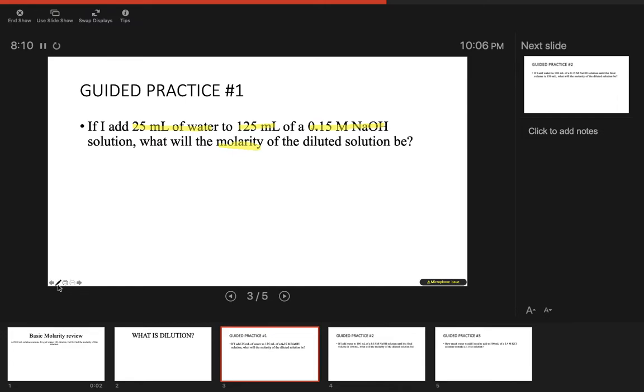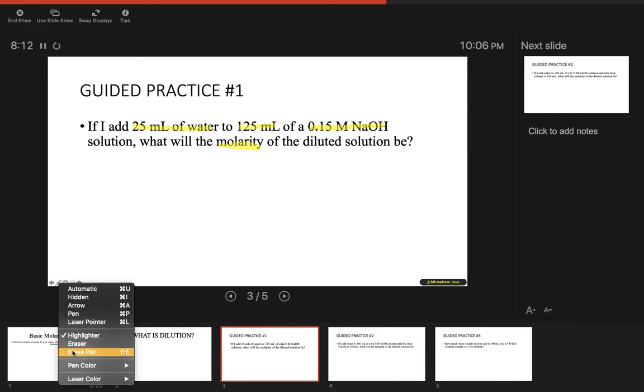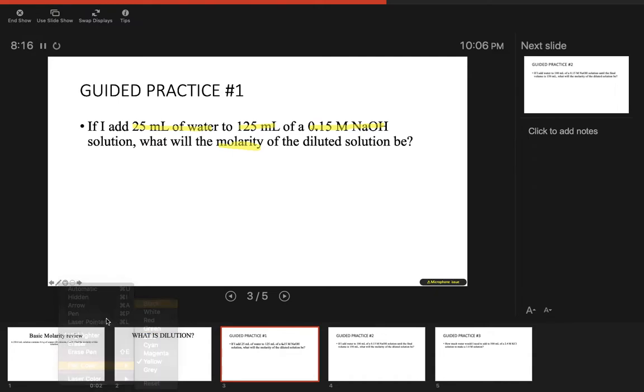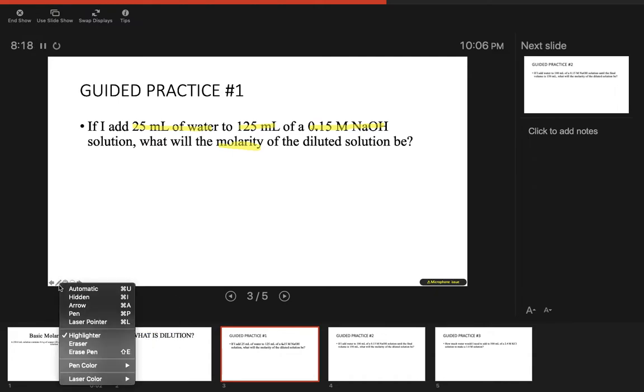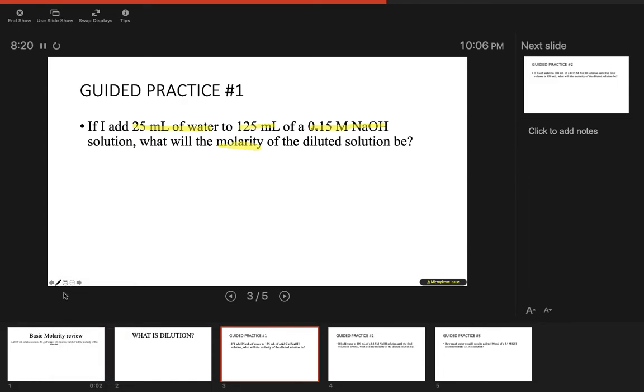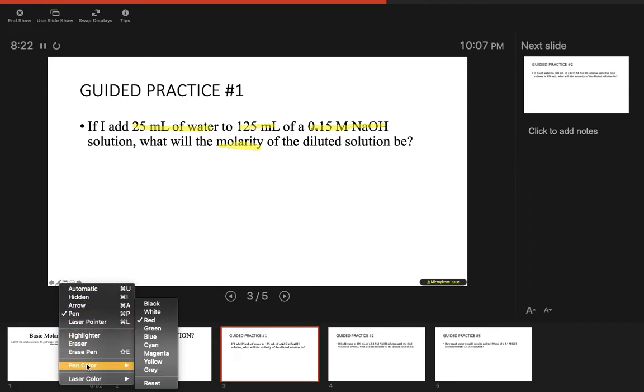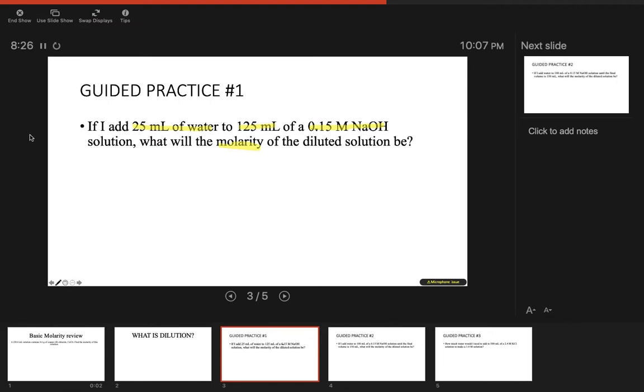Which means I need to find the final concentration of that solution after I dilute, after I water it down. Okay, so let's try this. Here's my beaker.